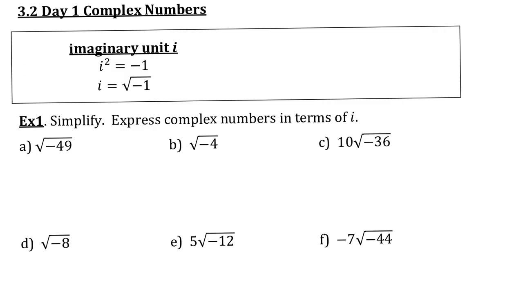So, for example, if I do the square root of -25, in the past we would have said there's no real solution to this, but in fact there is. It's an imaginary solution. The square root of 25 is 5. The square root of -25 is an imaginary 5. The way we write imaginary 5 is 5i.